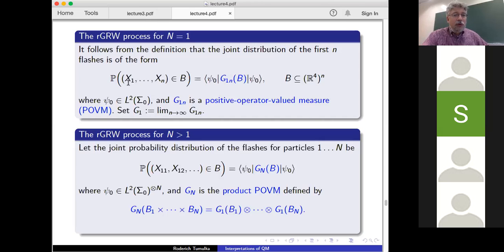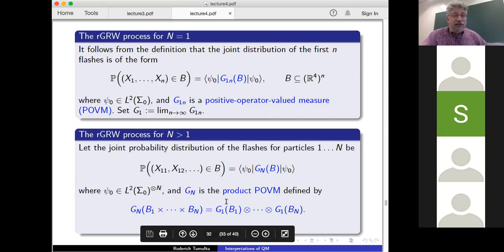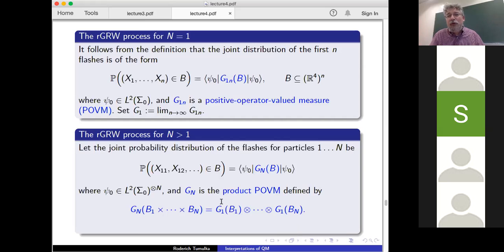And now, of course, you can do that for any number of flashes. Let's do that for all flashes together. So the probability distribution in the single particle case is now given by this POVM. And for the many particle case, you do it using the product POVM, which is defined by this equation. When you have several POVMs, you can always form the product POVM.